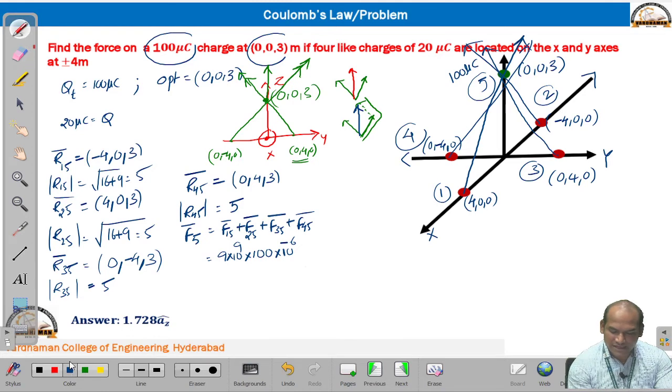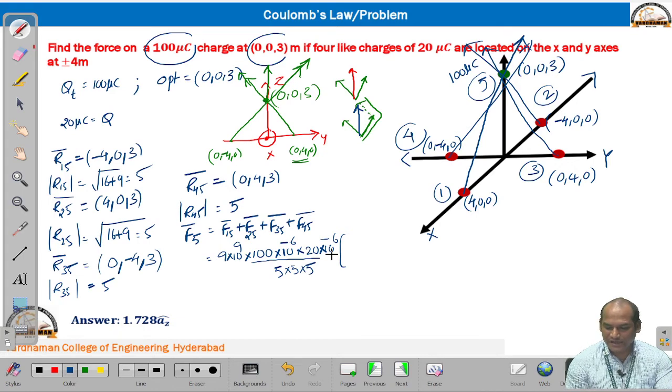So, what will we get here? 20 microcoulomb. So, two charges we have taken common, and then you will be having the vectors here. But in the denominator, all the distance vector magnitudes are 5, 5, 5, 5 only. So, in the denominator we will be having r cube. So, that is 5 into 5 into 5.